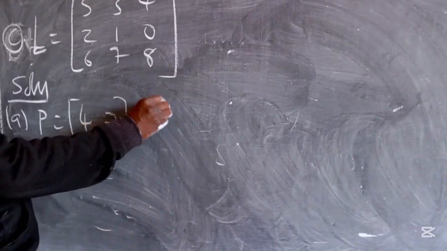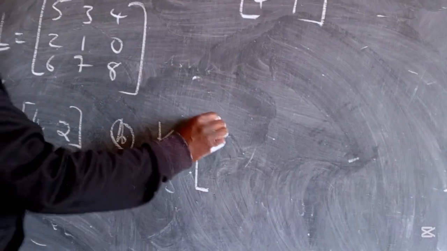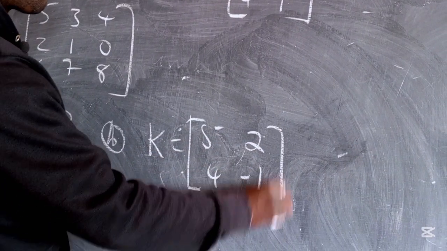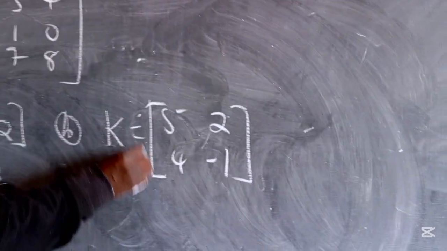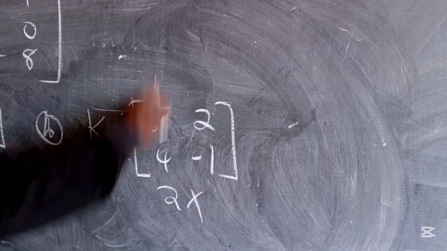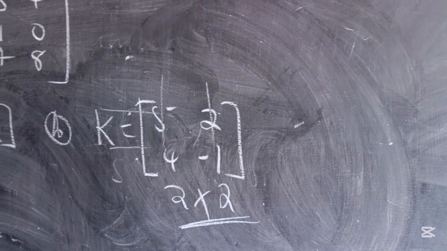What about B? Matrix K, you agree with me that it has how many rows? I'll start with the rows. There are 1, 2. There are 2 rows. How many columns? 1, 2. It is another 2. So it is a 2 by 2 matrix.